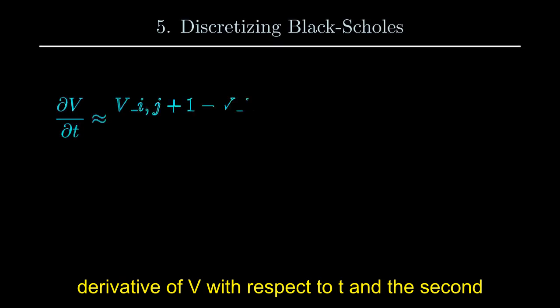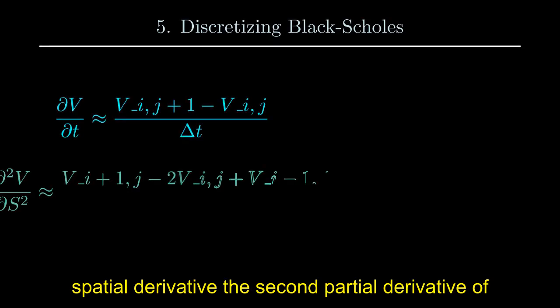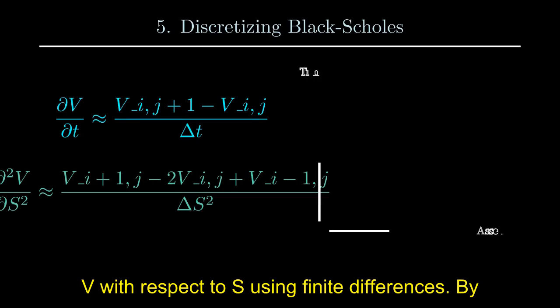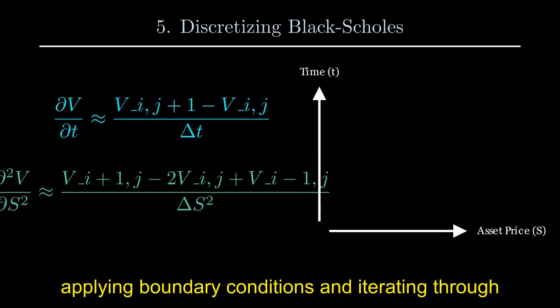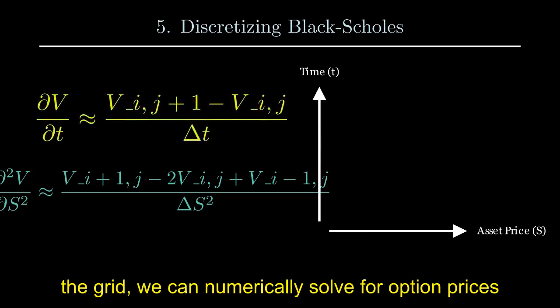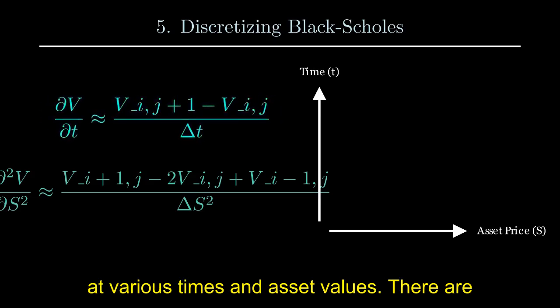We approximate derivatives like the time derivative, the partial derivative of V with respect to t, and the second spatial derivative, the second partial derivative of V with respect to S, using finite differences. By applying boundary conditions and iterating through the grid, we can numerically solve for option prices at various times and asset values.